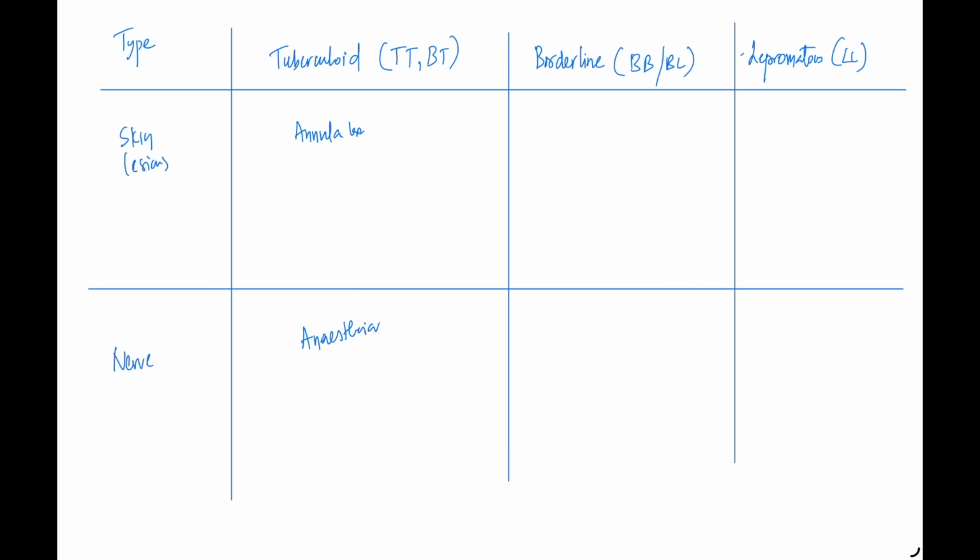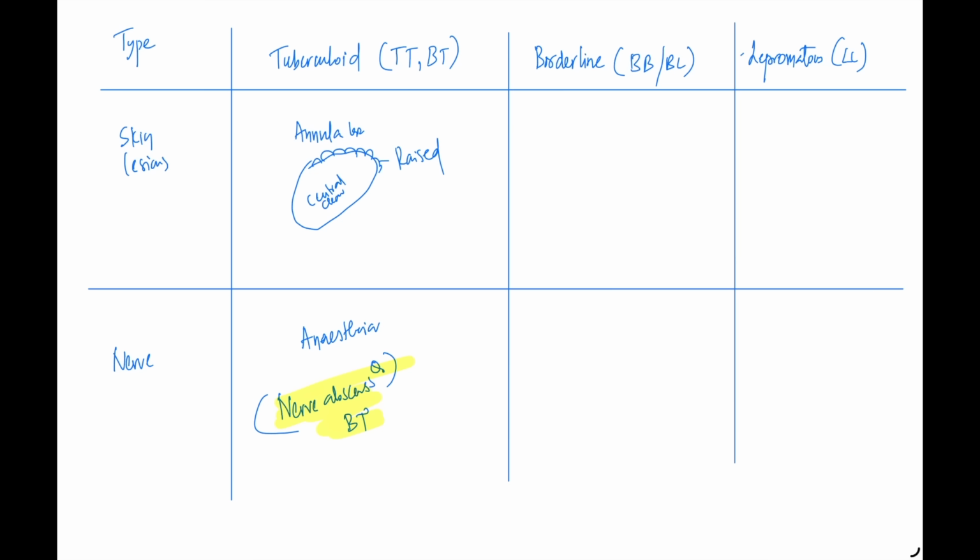That is, when you touch, there is no sensation. And they have nerve abscesses, which are classically seen in borderline tuberculoid leprosy. Nerve abscesses are most commonly seen, and these annular, asymmetric macules have central clearing and raised borders.